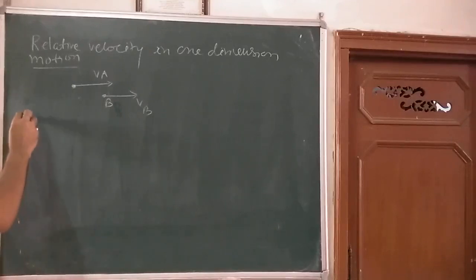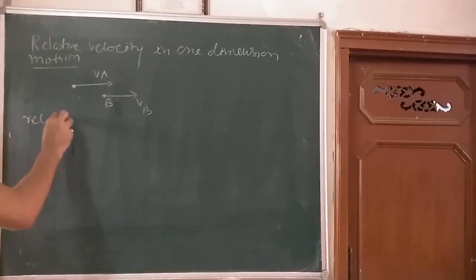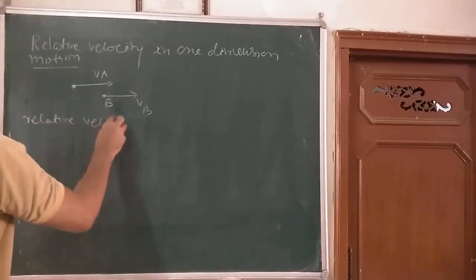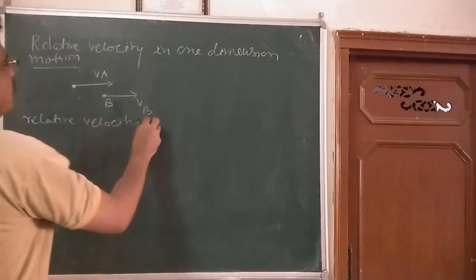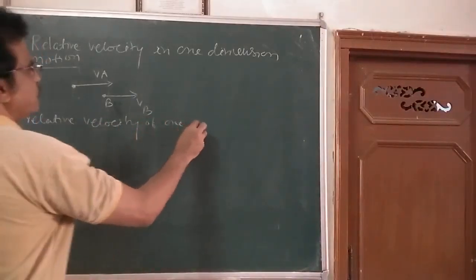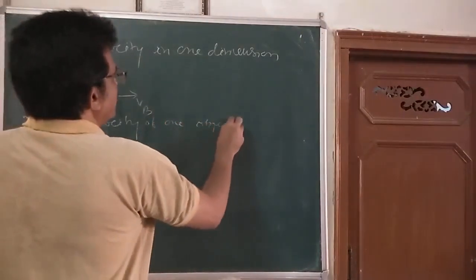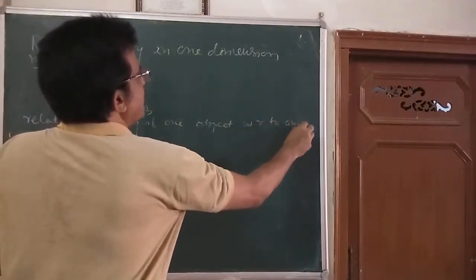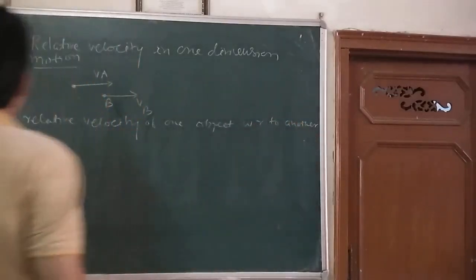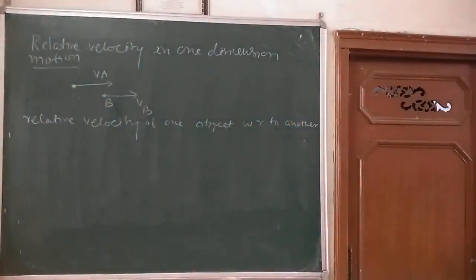Write down the definition. Relative velocity of one object with respect to another object.